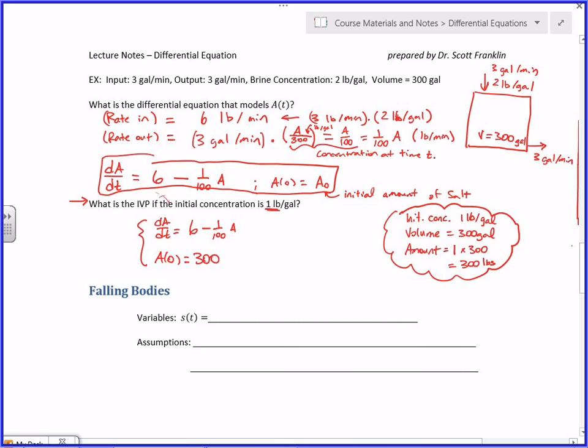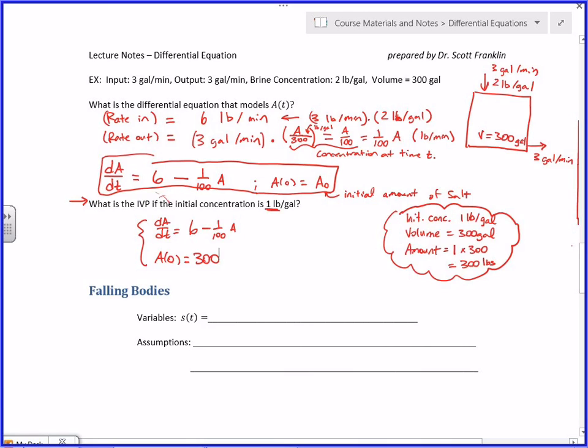All right, so let's walk through this one more time, because you're going to do this a couple of times in your homework. When you want to find the rate in, it's just how fast the water's coming in times the concentration of that substance, salt in this case, coming in. So that generally is going to be a constant. Sometimes it's even 0. Like if I start with something that's got a contaminant in it, and then I pump in a bunch of pure water and pump it out at the same rate, we want to find out how long it takes for that amount to drop.